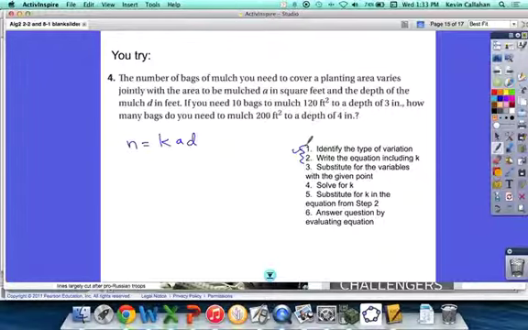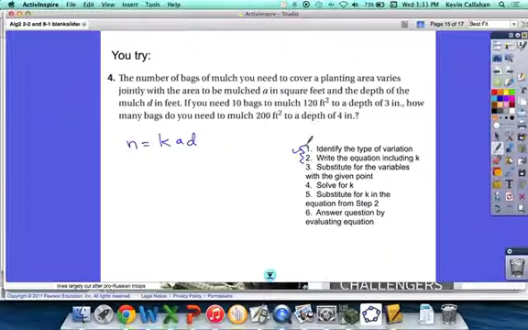And I will say this. Although it doesn't really matter, we have an issue because one of them is in feet squared, the other one is in inches. I'm going to play fast and loose with that, and we'll just leave it in the units that it's in because it's not going to make any difference in the end.